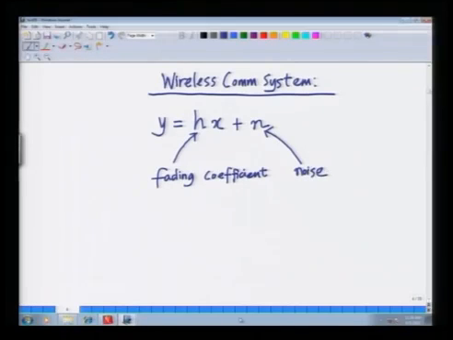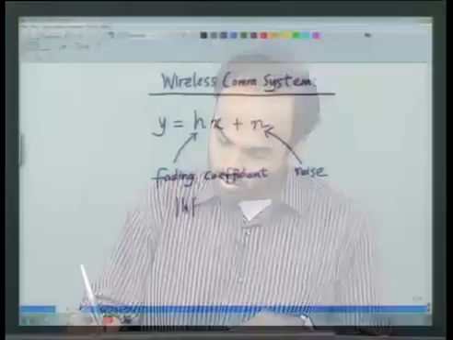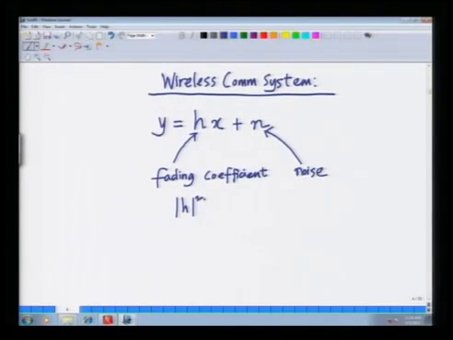Now, we said that the received power is the gain of the channel, that is norm of h square times p, where p is the transmitted power, and the noise power we said is sigma n square.